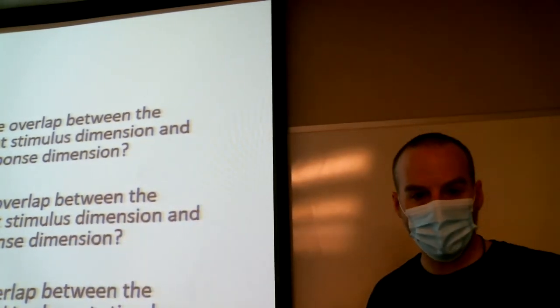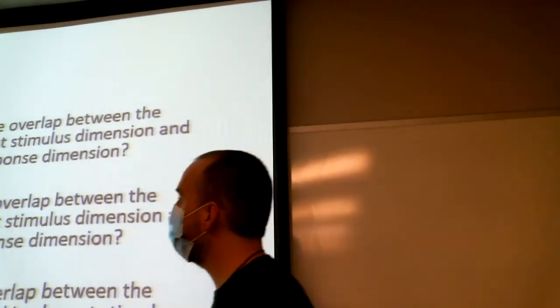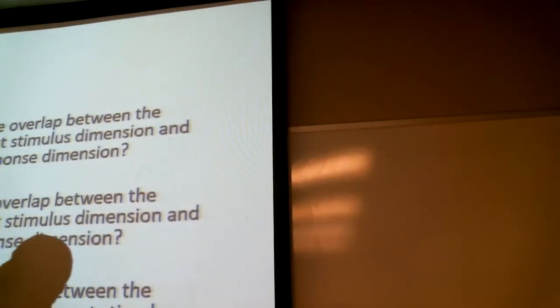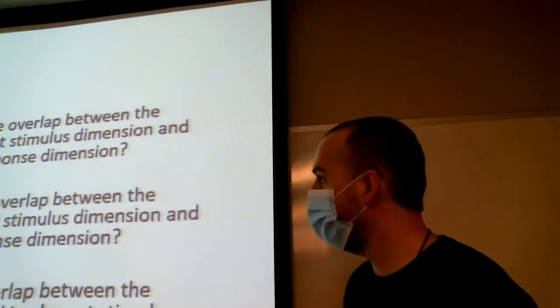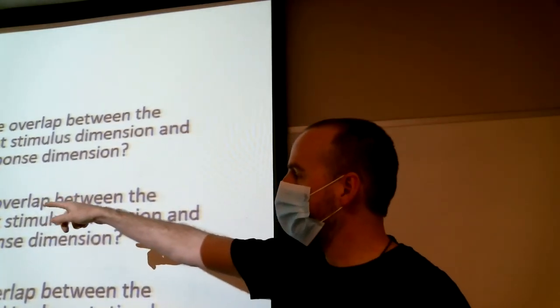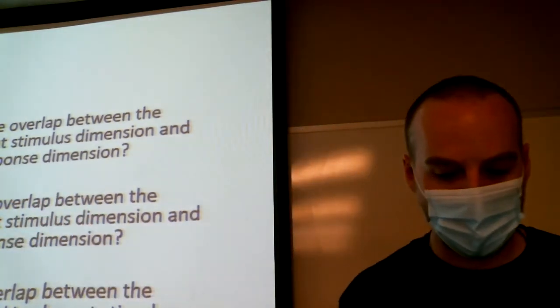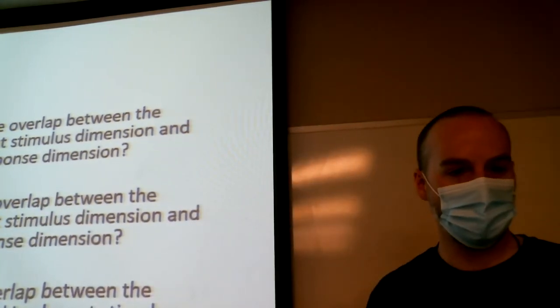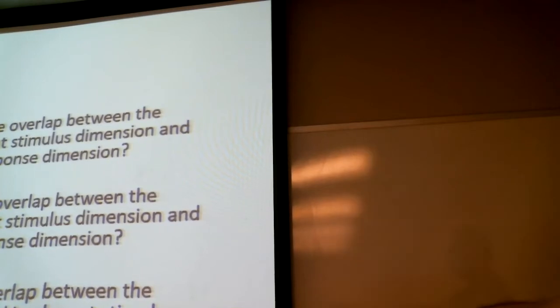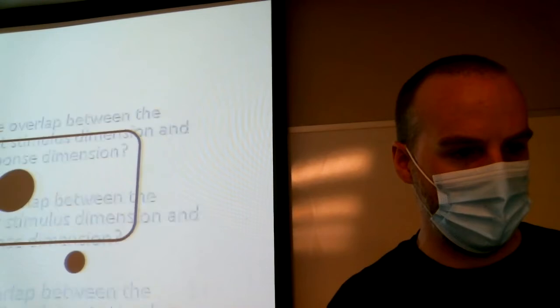Is there overlap between the irrelevant stimulus and the response dimension? No, because there is no irrelevant stimulus dimension. Nor between the two stimuli. But that is how we get a yes, no, no task, or ensemble number 2, I believe it was.